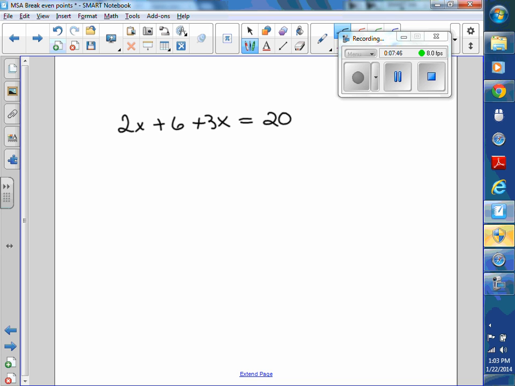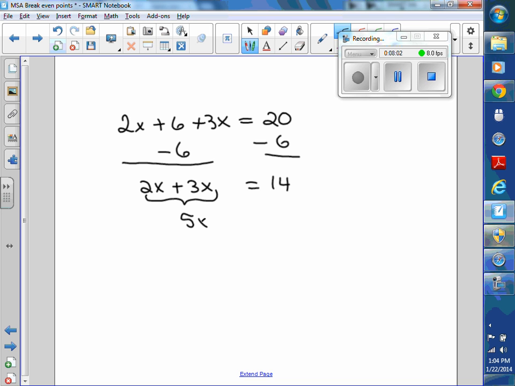Something at that level. You could subtract the 6 out, and you'd say 2x plus 3x equals 14. These are both the like terms. So if there were variables on both sides, it would be about that level of difficulty. Pretty simple, not as complicated as the green worksheet.